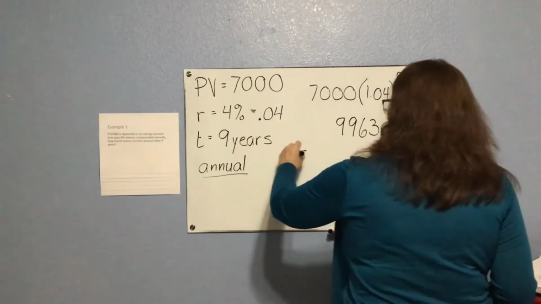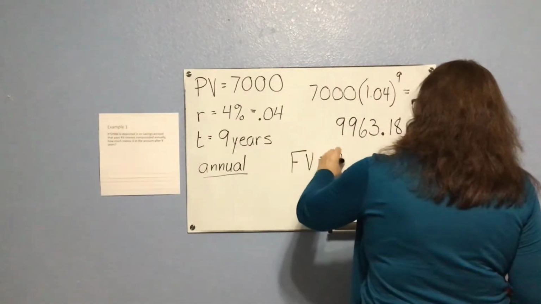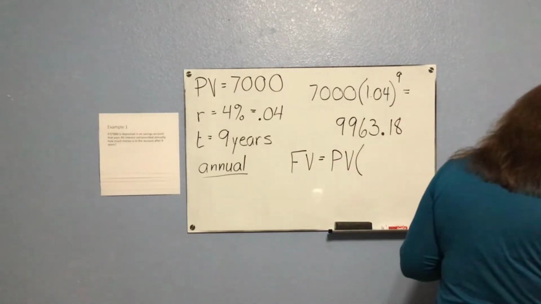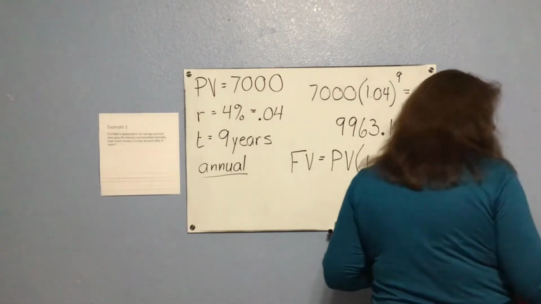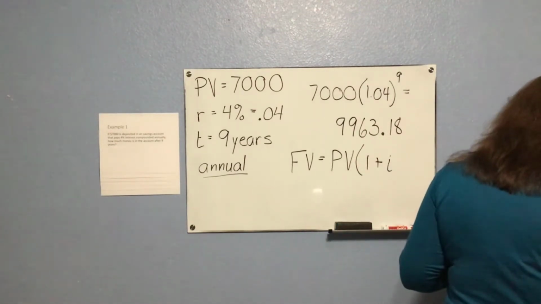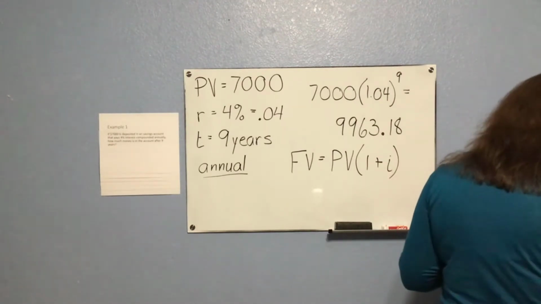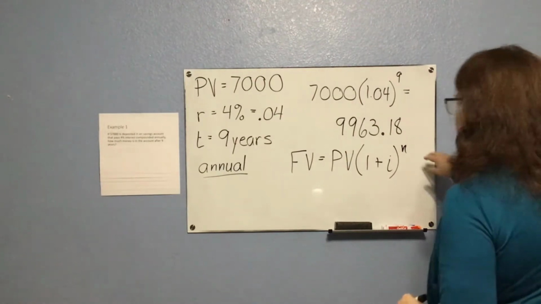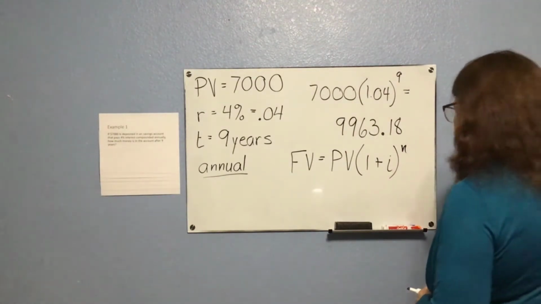So just for reference, the future value is equal to the present value times 1 plus I, which is the interest rate per compounding period, to the n power, where n is the number of compounding periods that we're going to invest the money.